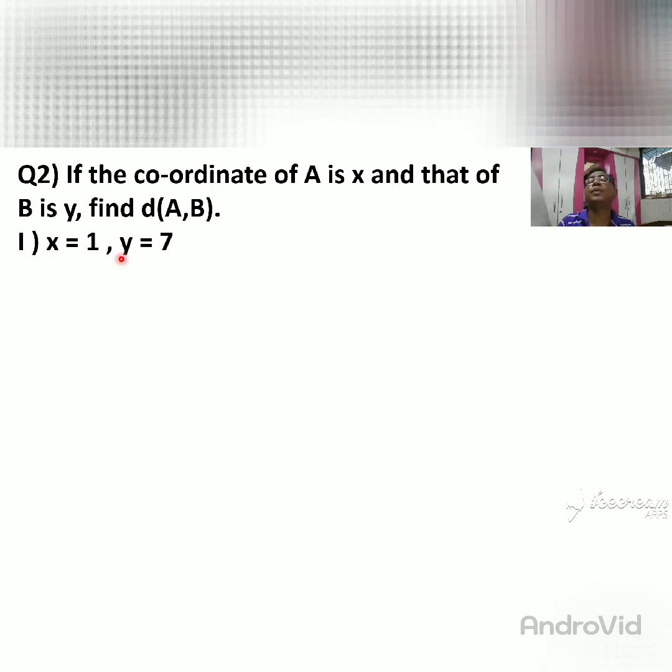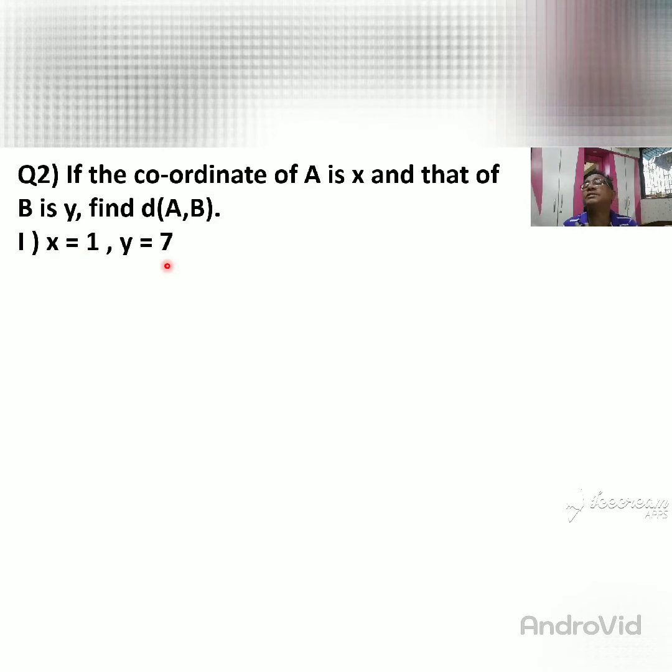So we want to find the distance between A and B. Here we compare: the x coordinate is 1 and the y coordinate is 7. We compare which number is greater. Please observe, 1 is positive and 7 is also positive.